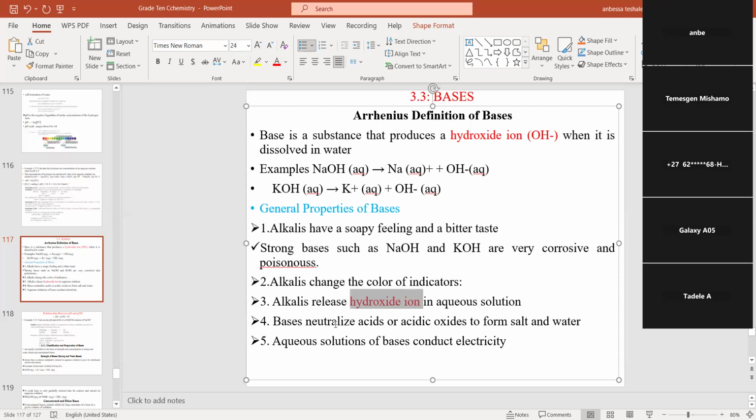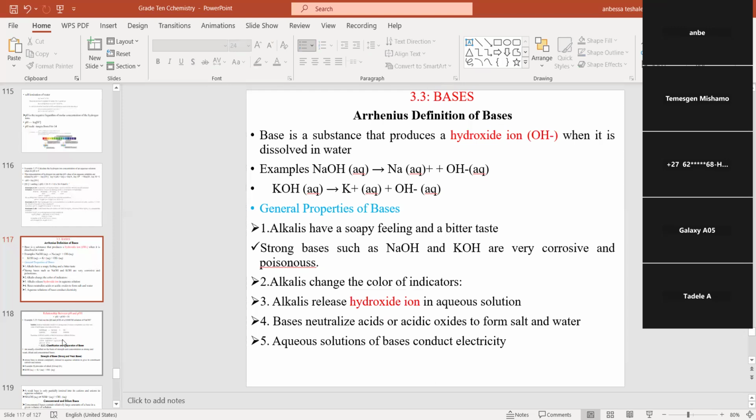Base neutralizes acid or acidic oxide to form salt plus water. And an aqueous solution of base conducts electricity. These are some properties of base.